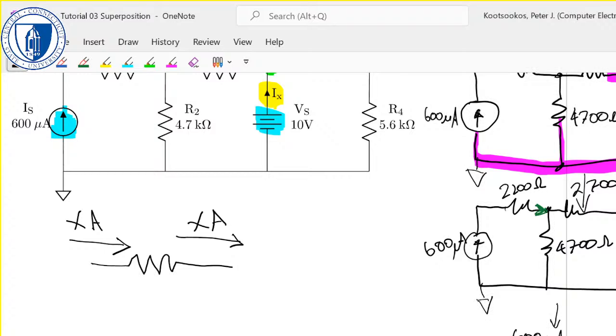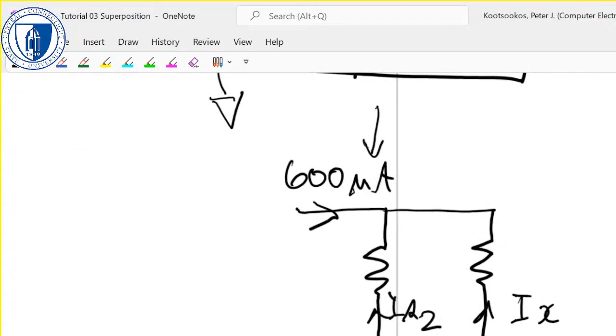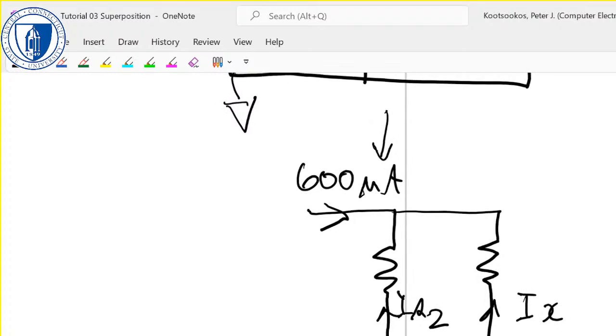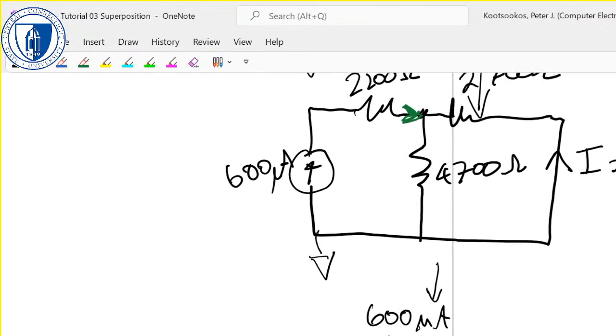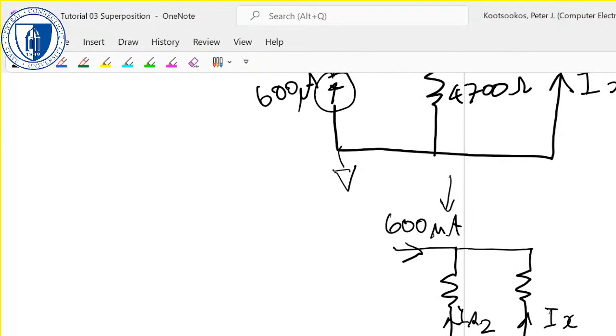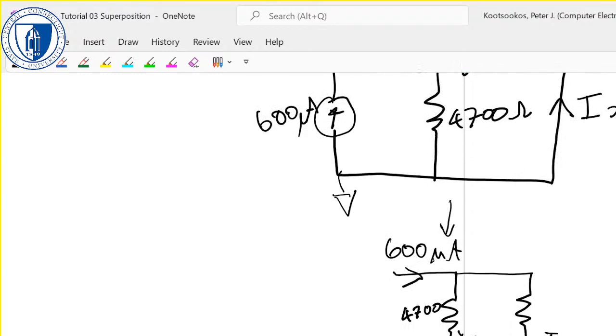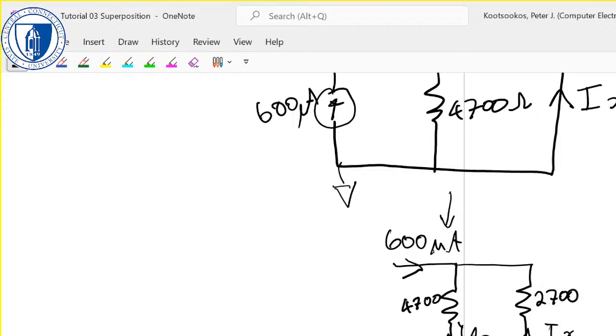So I can redraw it again. And I apologise for my scrawl. I really should learn to write a bit better. Here we go. So now we've got a current divider, or we could apply Kirchhoff's current law. Let's just get the numbers on there again. So this one is a 4700 ohm, and this one is a 2700 ohm. Try to remember to put the units there.